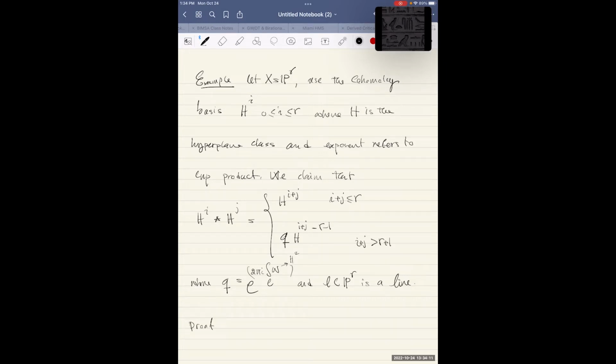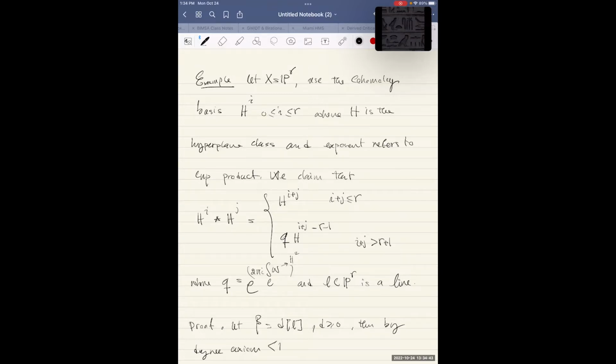Proof: let beta be the class of degree D genus 0 curves, which is D times the class of a line. So D is bigger than 0. Then by the degree axiom, which restricts the degrees of the cohomology classes, we can play with cohomology classes all generated by the hyperplane class.